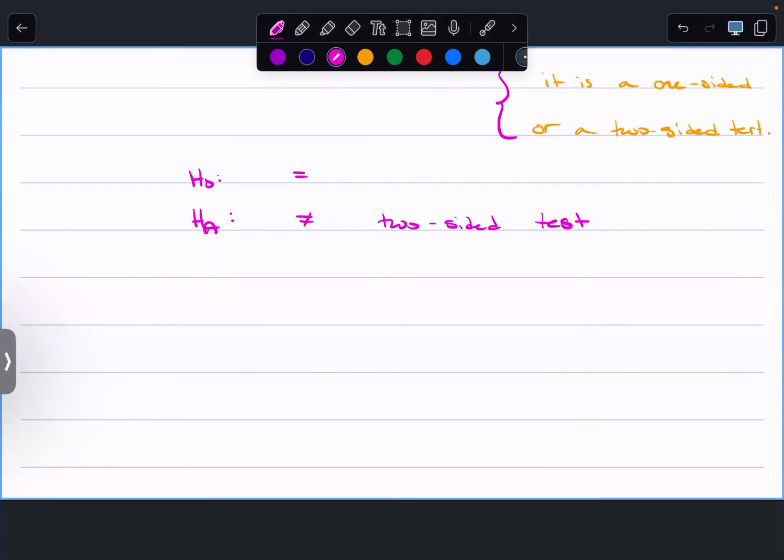If you have less than or greater than, that makes it a one-sided test, and that's reflected in the p-value later. Which area in the tail do I want? These are both one-sided tests.